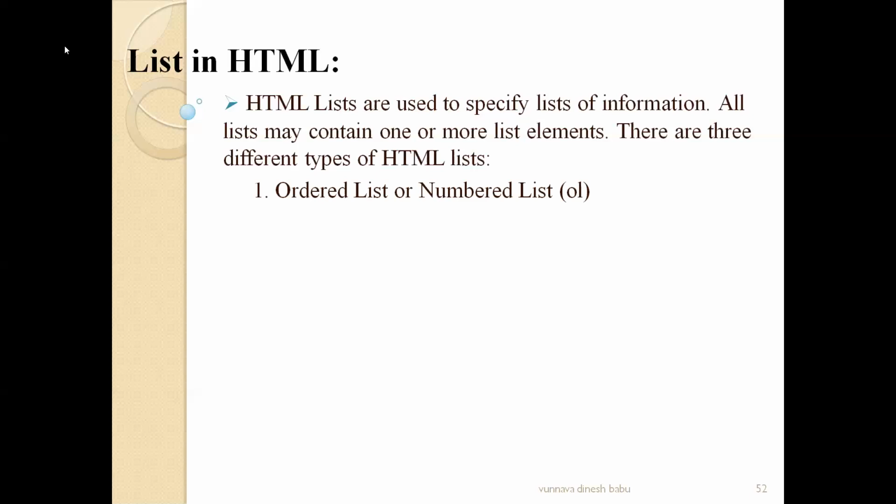So the name of the first type of list is called an ordered list, or it can also be called a numbered list. So the tag which is used to represent this type of list is the OL tag, where O means ordered and L means list.